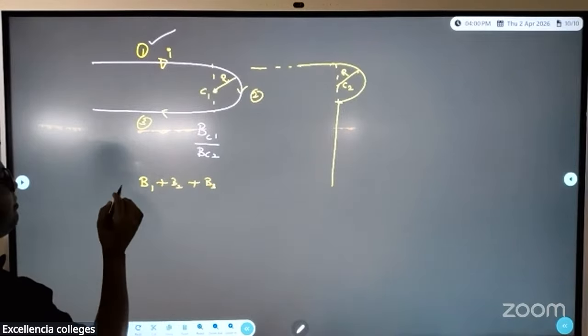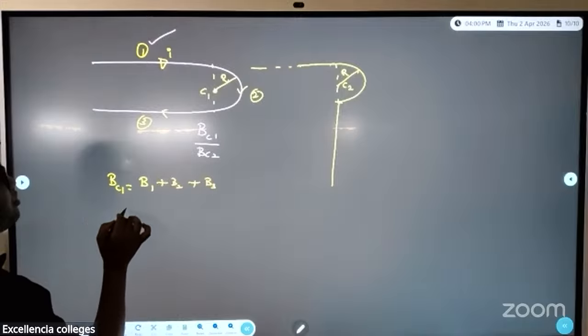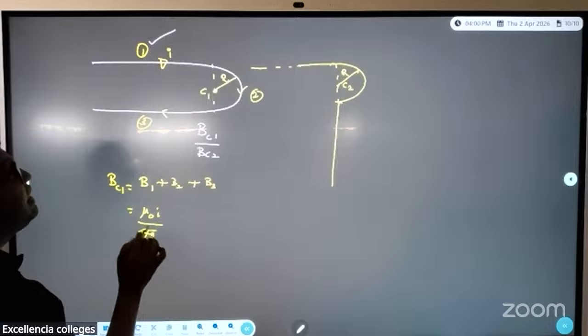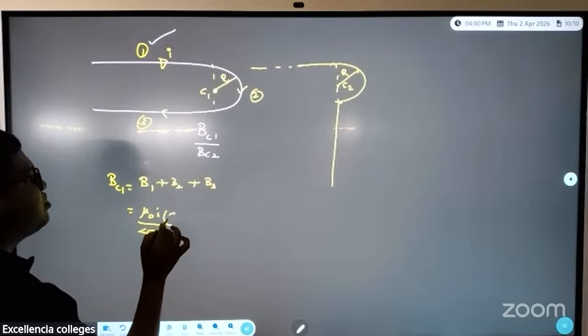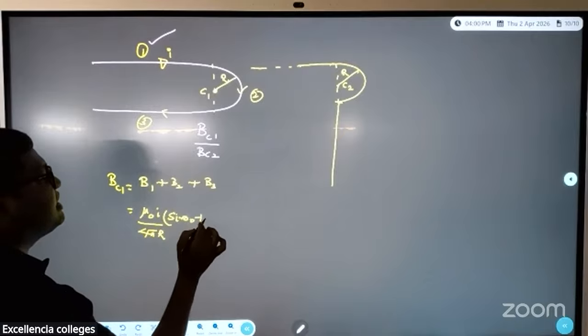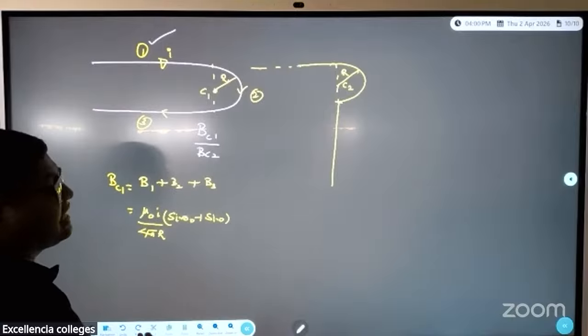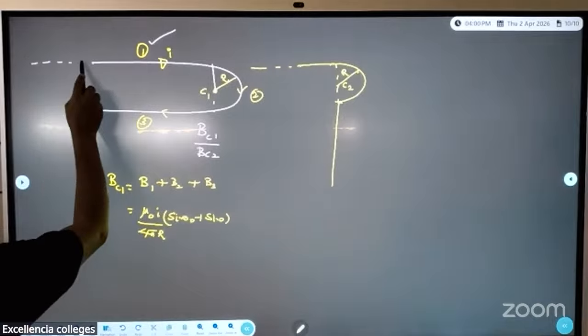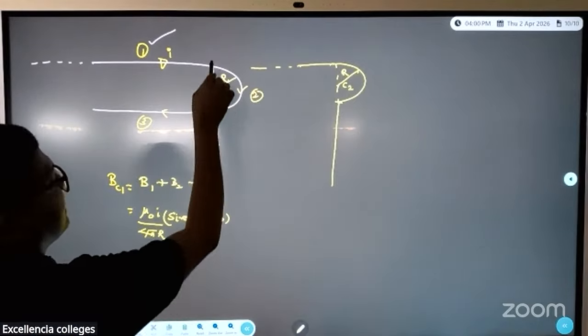So therefore, the magnetic field in the center C1 should be, due to the first wire, mu naught I by 4 pi r into sine 90 plus sine 0 degree, that is sine theta 1 plus sine theta 2. So here this is a semi-infinite wire. One end extends to 90, the other end angle is 0.